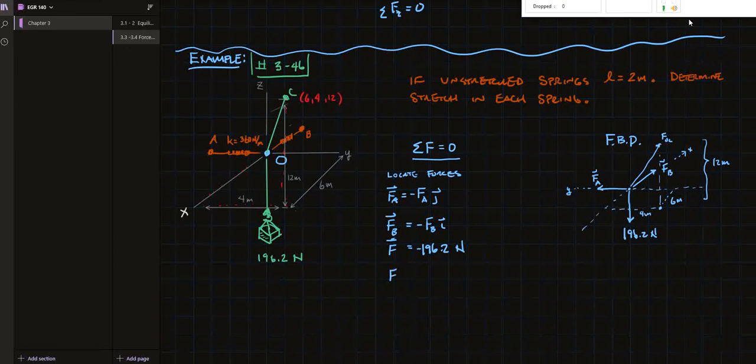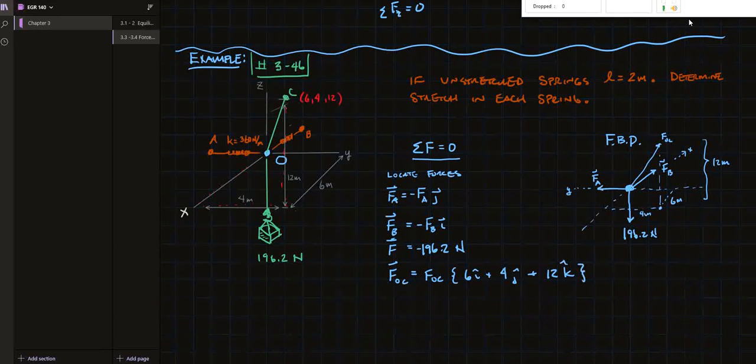And then we have this force OC, and let's use a direction vector to determine that. So we've got our component force in OC with 6i plus 4j plus 12k.